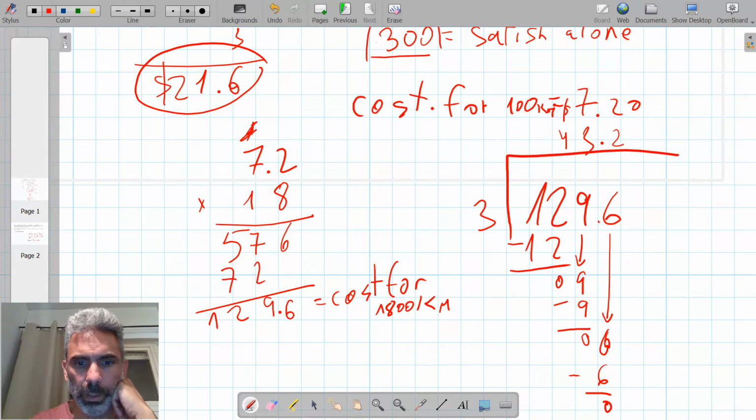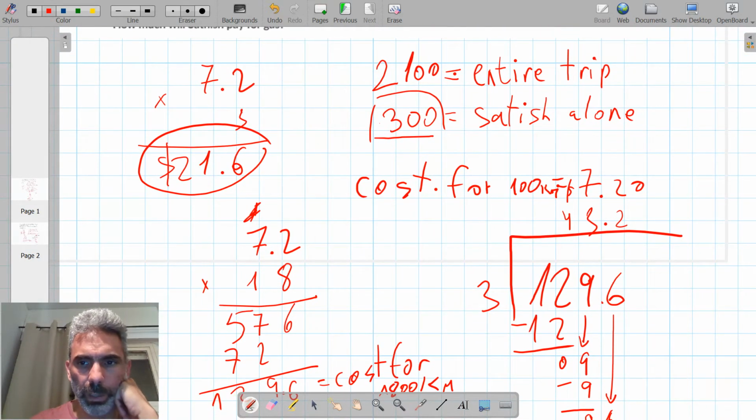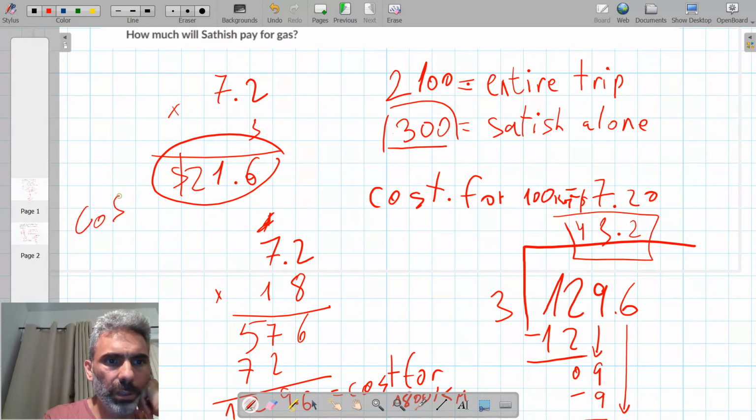No remainder. So for the 1800 kilometers where there are 3 friends together, each friend needs to pay $43.20.